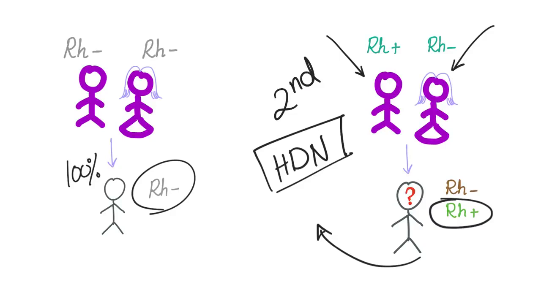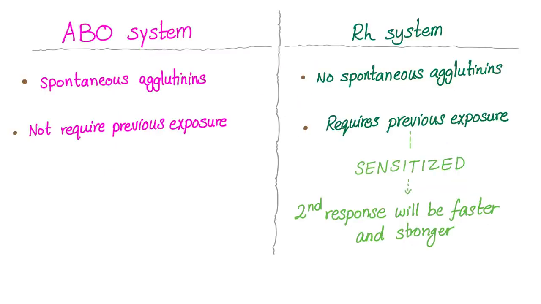That's why if mommy is Rh negative and you are Rh positive, then we need mommy to pay attention during the prenatal visit with her obstetrician and gynecologist, because we have to give her something to prevent the second baby from getting hemolysis.